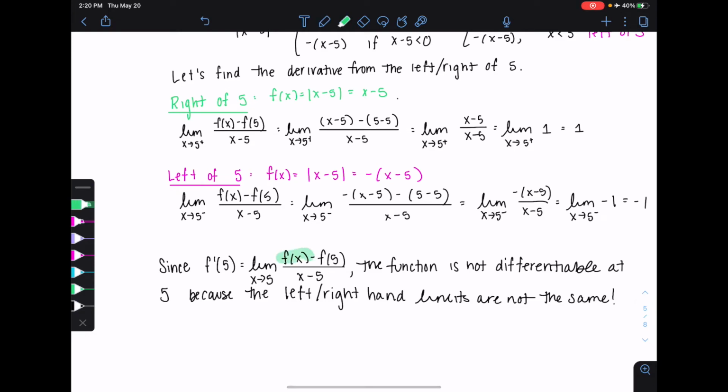So when I evaluate this limit from the left, I get negative 1. From the right, I get 1. The overall limit doesn't exist, so my derivative does not exist.